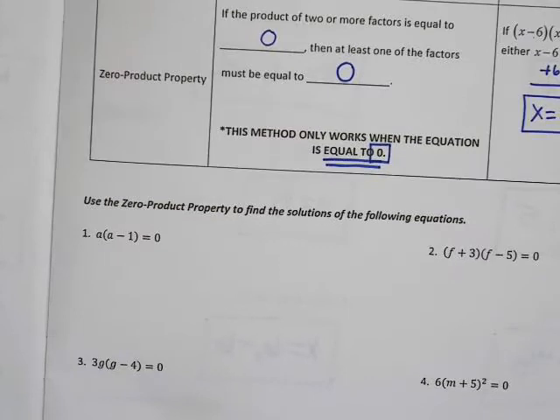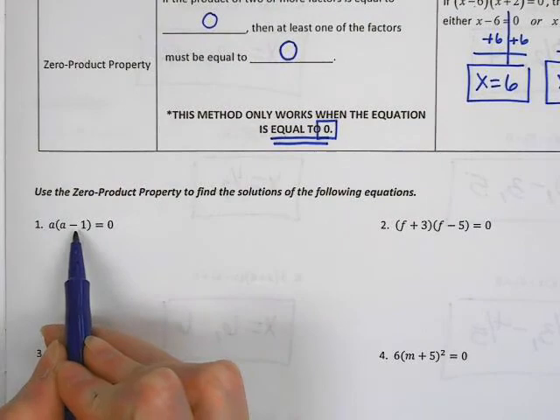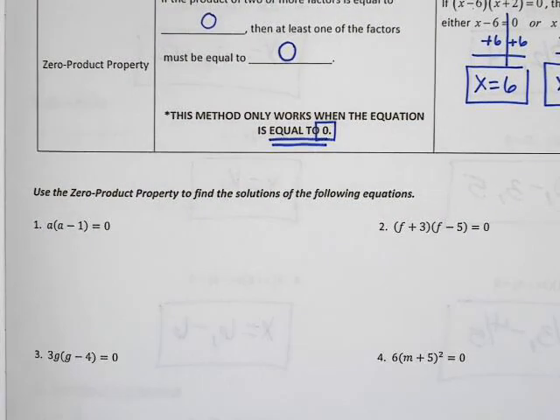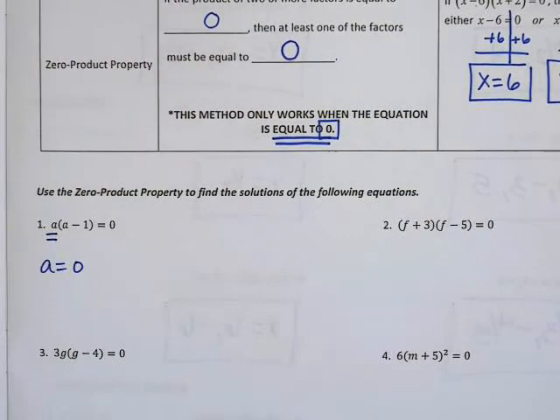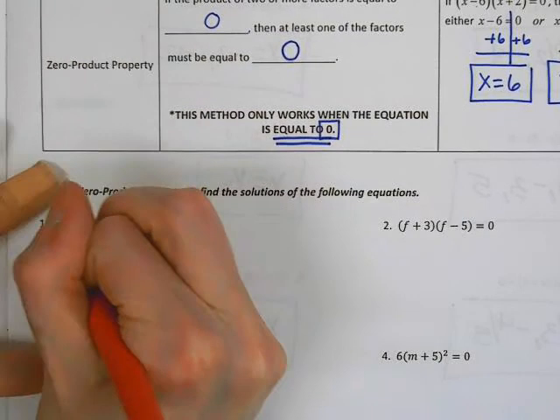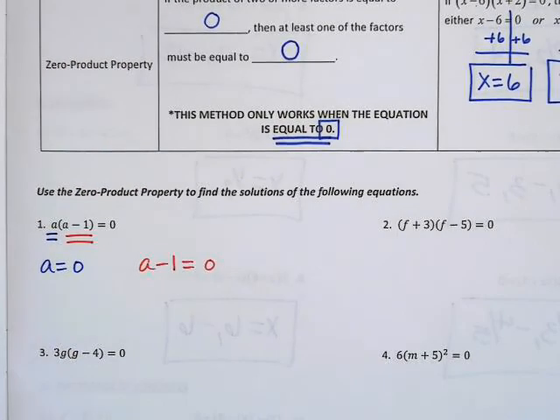All right, let's try some. So same story for all of these. If the product of two factors equals 0, then either one or both of them must equal 0. Okay, so I'm going to take this one first and set it equal to 0. And then I'm going to take this one and also set it equal to 0.